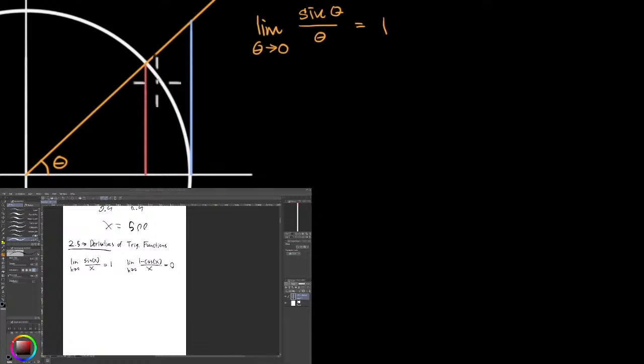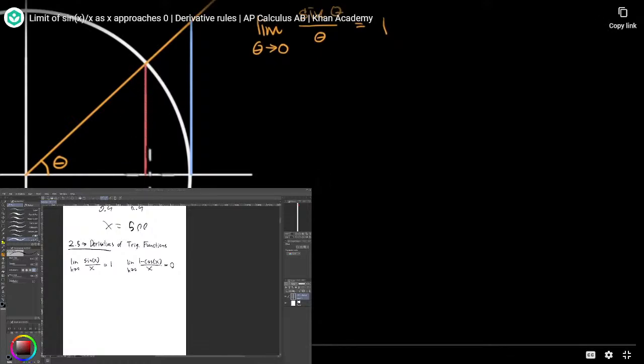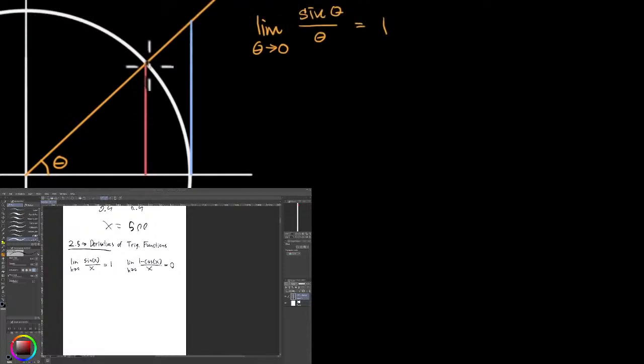So what does the length of this salmon colored line represent? Well, the height of this line would be the y-coordinate of where this radius intersects the unit circle.